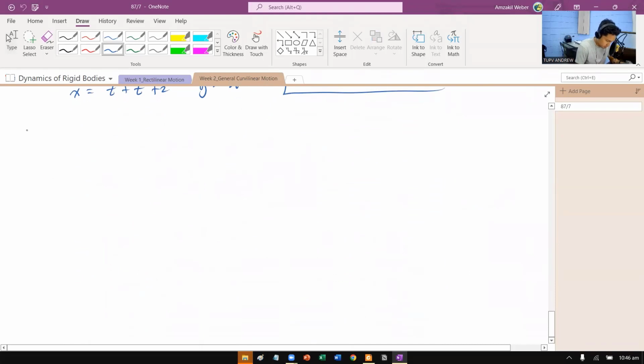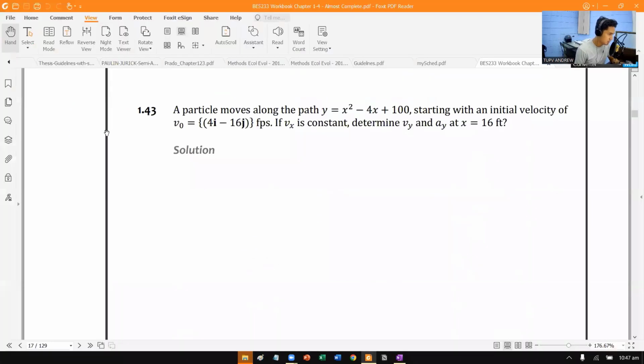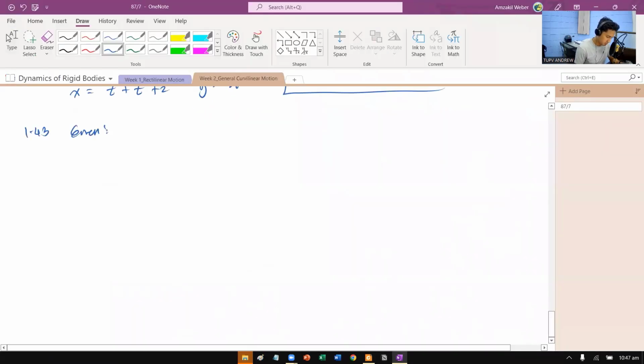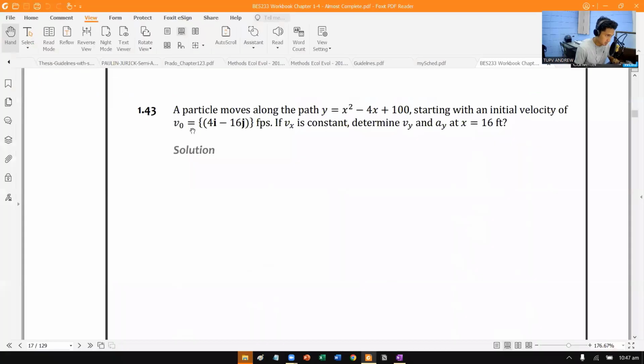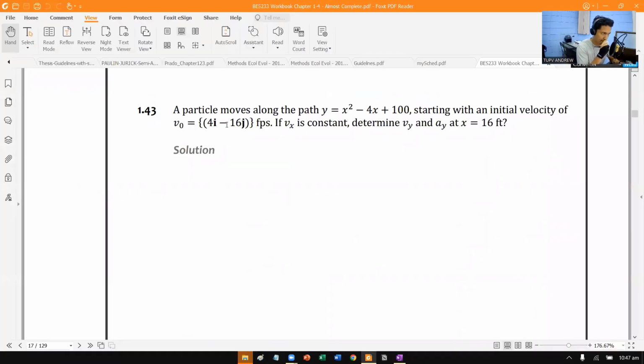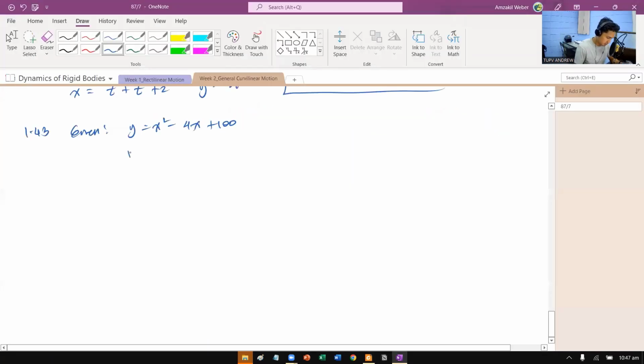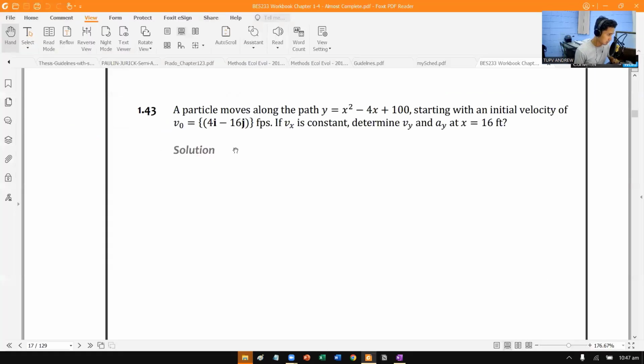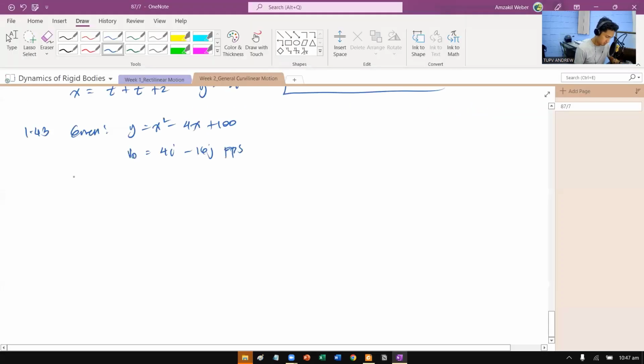Okay, problem 1.43. Given the path y equals x squared minus 4x plus 100, and initial velocity 4i minus 16j feet per second.